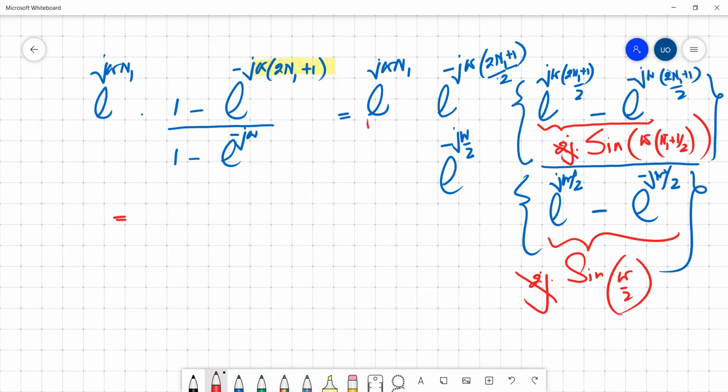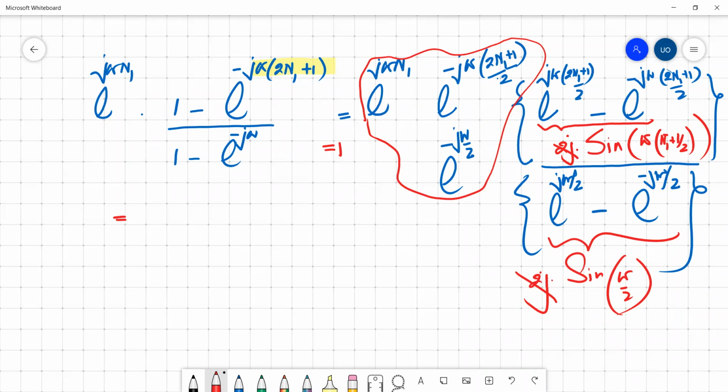Whatever these components are simply converge to 1, because plus n1 is there, minus n1 here, and we have minus half here. Once you bring this minus half to the numerator, it becomes plus half.